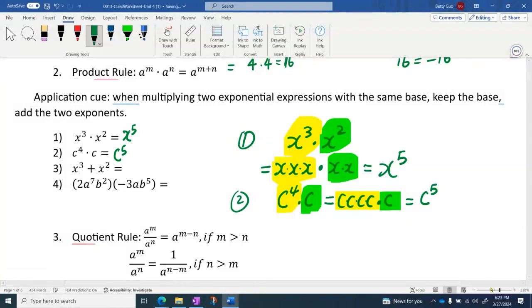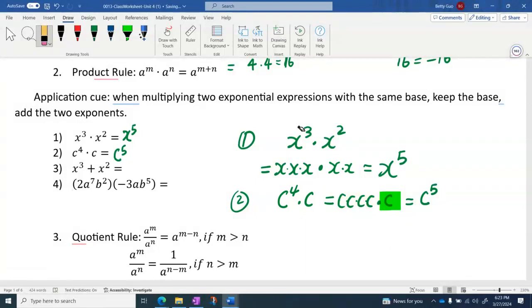All right? I think you understand that the two questions are pretty similar. Now we want to discover the pattern, okay? We want to discover the pattern when we multiply two powers, two exponential expressions with the same base. We don't have to use the definition to write it out every time.